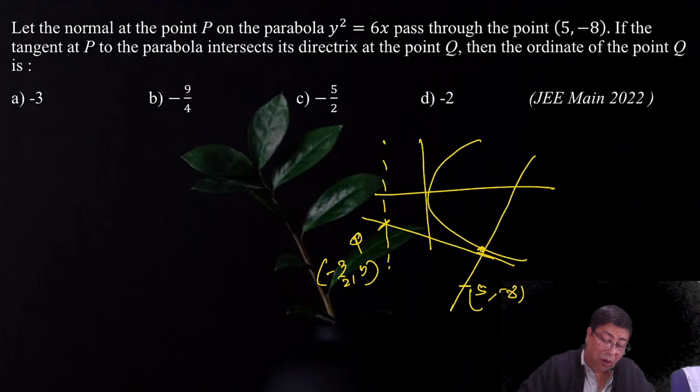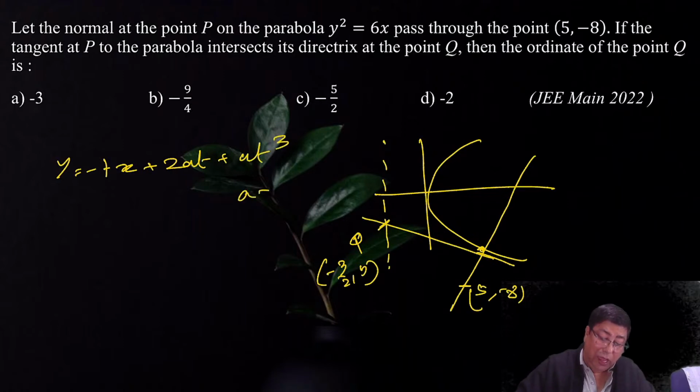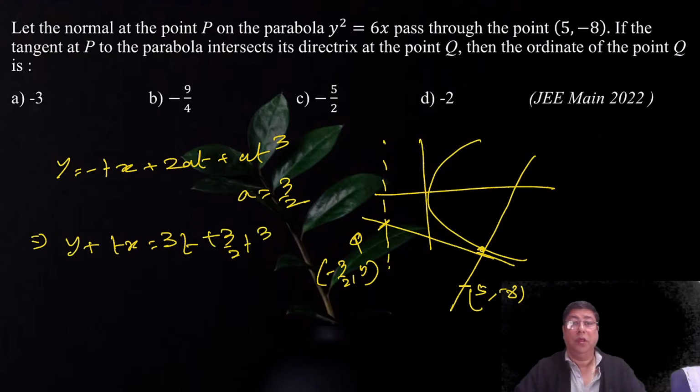Therefore, the equation of the normal is y plus tx equal to 2at plus at cube. So a equal to 3 by 2. Therefore, just put the value here. What are we getting? y plus tx equal to 3t plus 3 by 2 t cube.